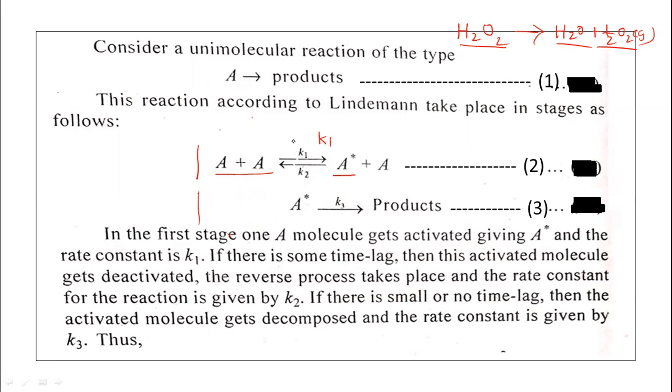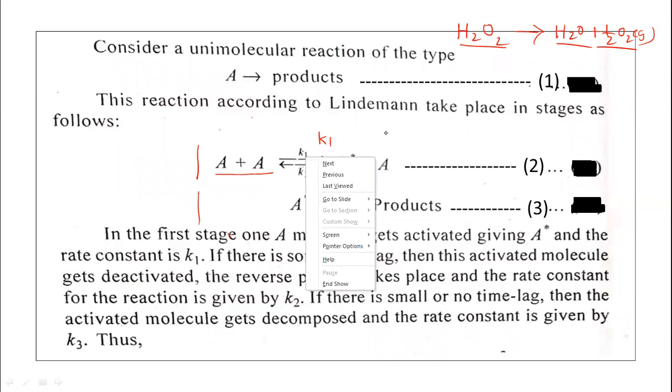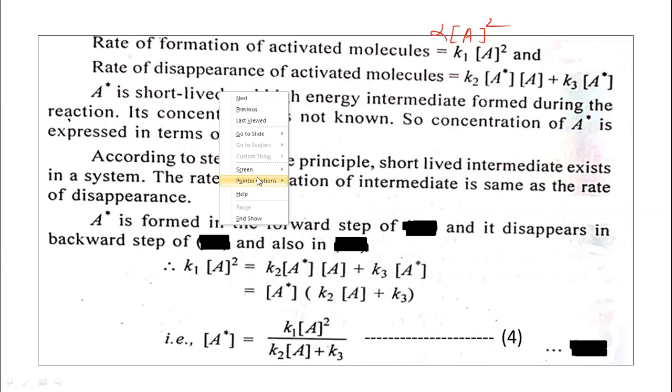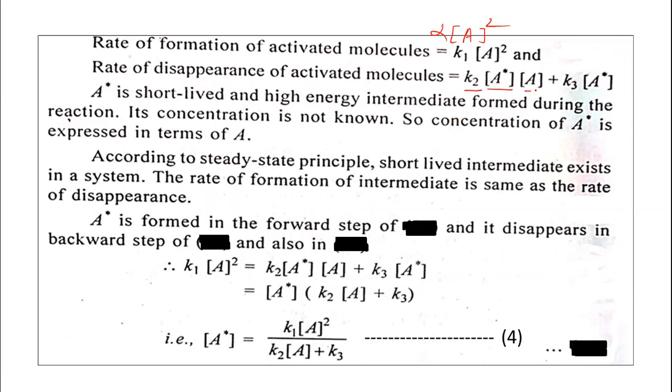So this rate depends upon the concentration of A star as well as A. The rate of disappearance of activated molecules in the reverse reaction is equal to K2, where K2 is the rate constant for the deactivation. It depends upon the concentration of A star as well as the concentration of A.